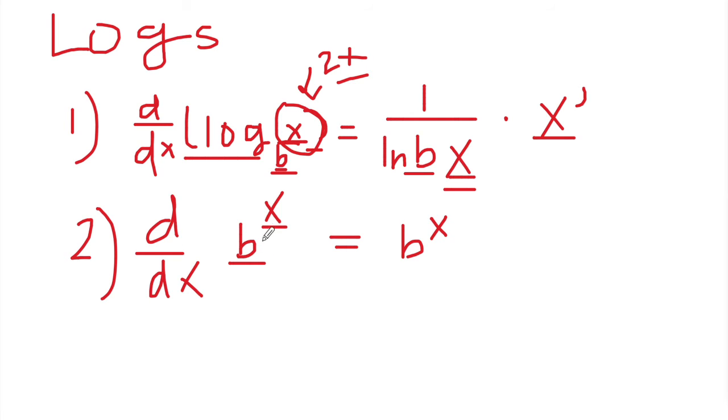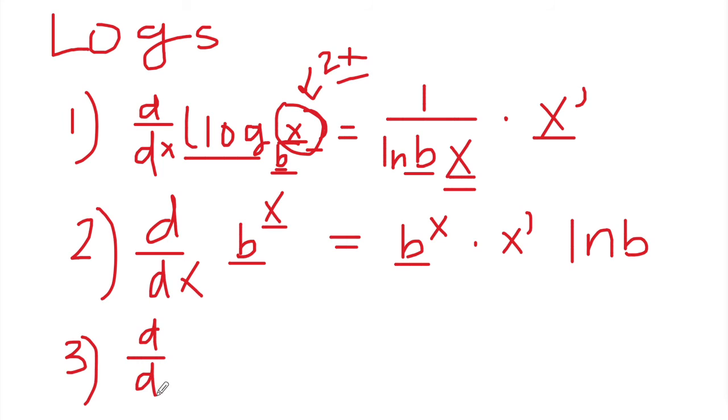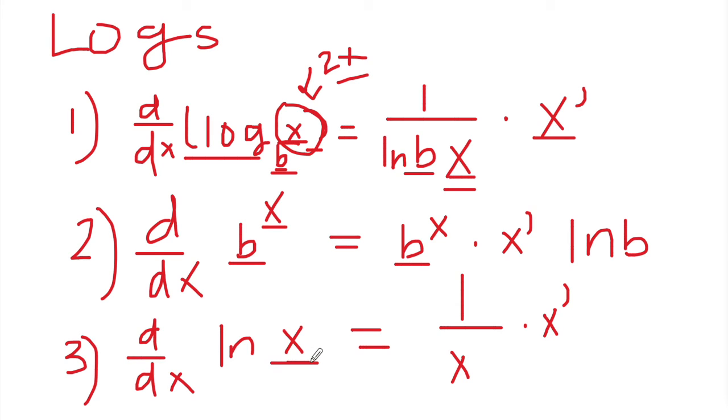It's the same way as b to the x times x prime, except this is a base, so therefore you'd still have to multiply by ln of b. And then the third one is d over dx of ln x. So we're given an ln, and then we're given an x, which can be any function. And then this is just 1 over x times x prime. X prime means the derivative of x right here.